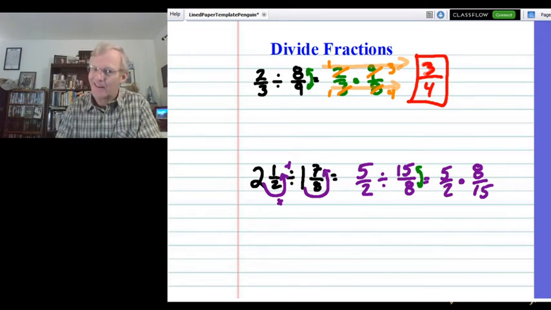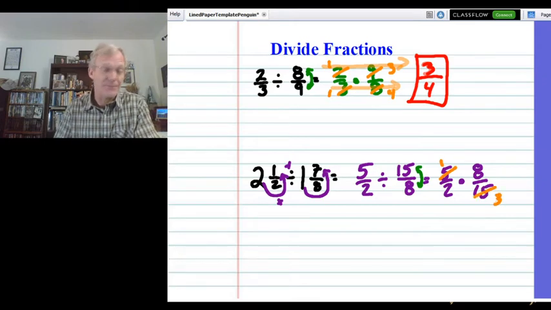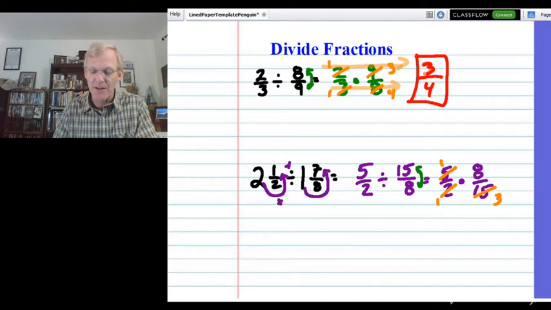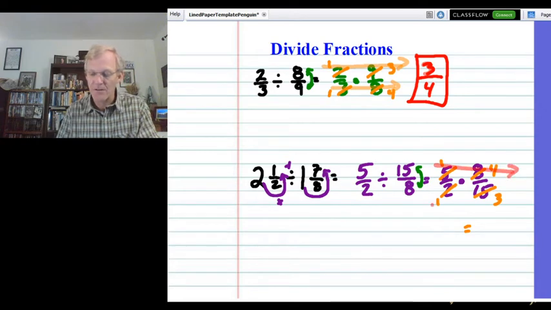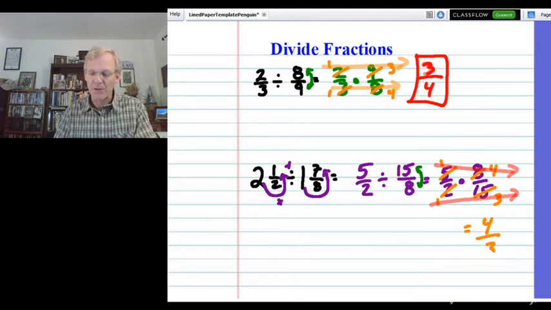I made these kind of easy, huh? So we can really see the pattern. So 5 goes into 5 once and into 15 3 times, and then 2 and the 8, yep, 2 goes into 2 once, 2 goes into 8 4 times, and we end up with, when we multiply straight across, 1 times 4 is 4, and 1 times 3 is 3.